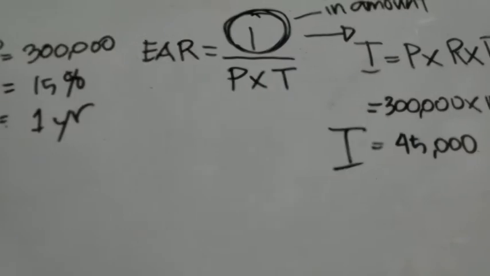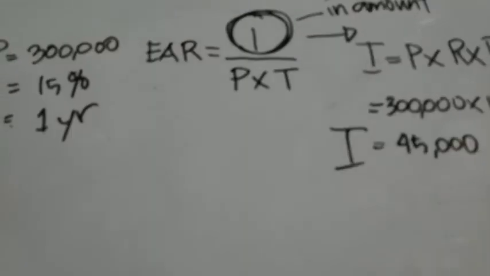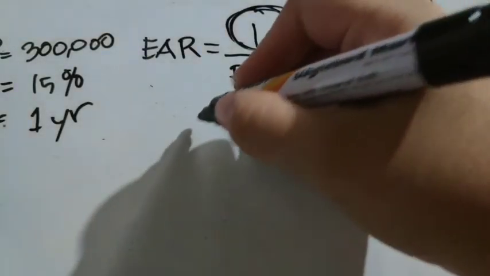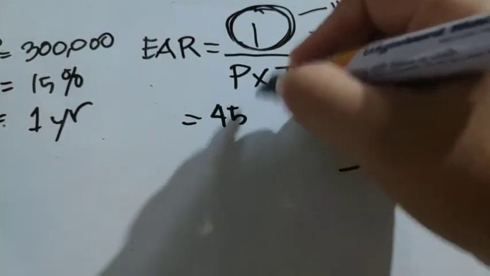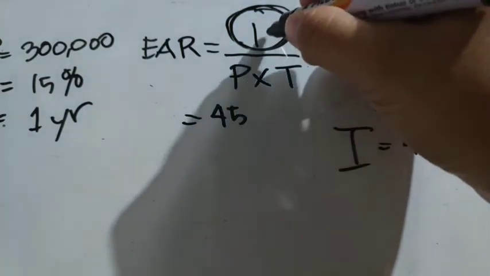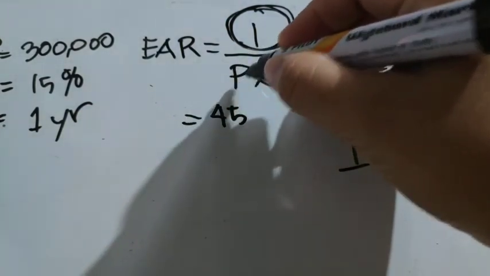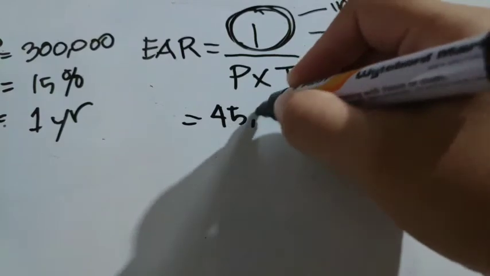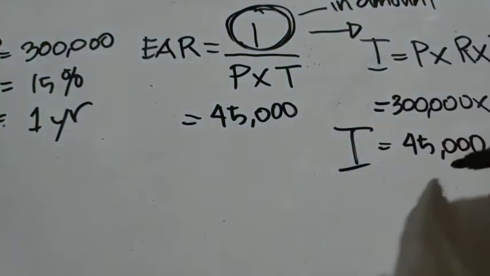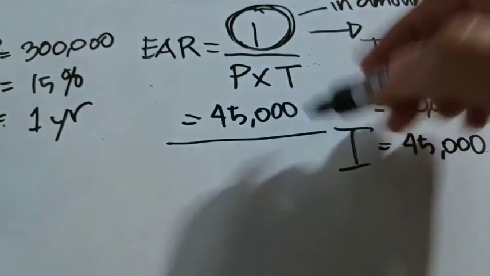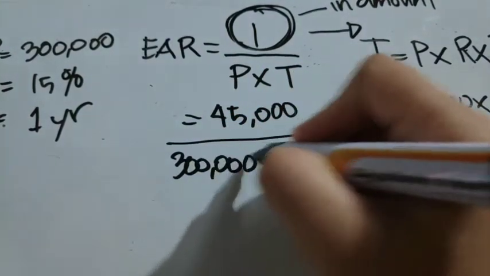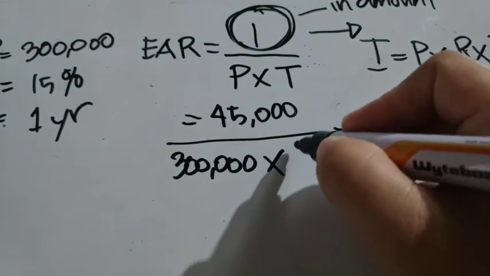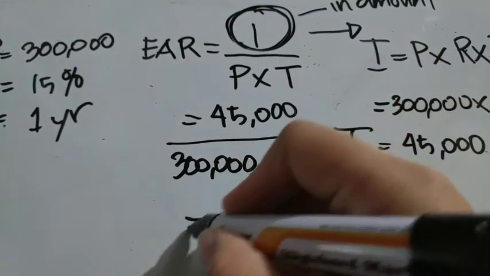Now, you proceed to your formula for effective annual interest rate, because we are getting the rate, the percentage. So the effective annual interest rate is interest over principal times time. So 45,000, which is from here, divided by 300,000 times the time, which is 1 year.